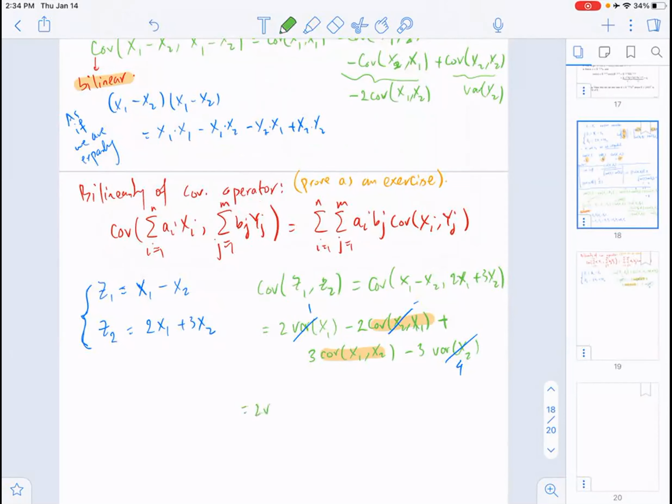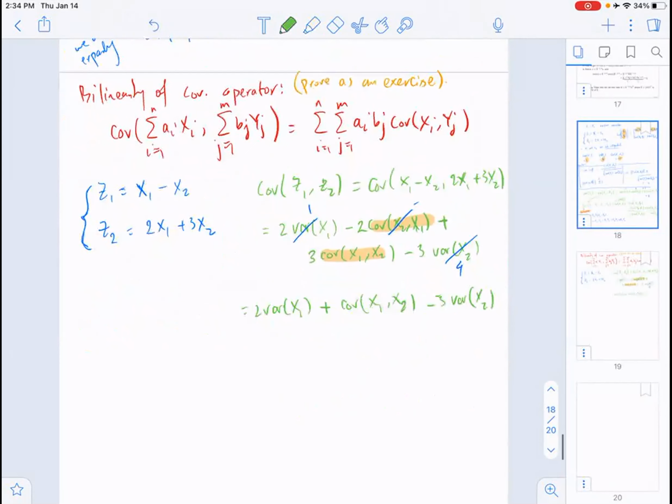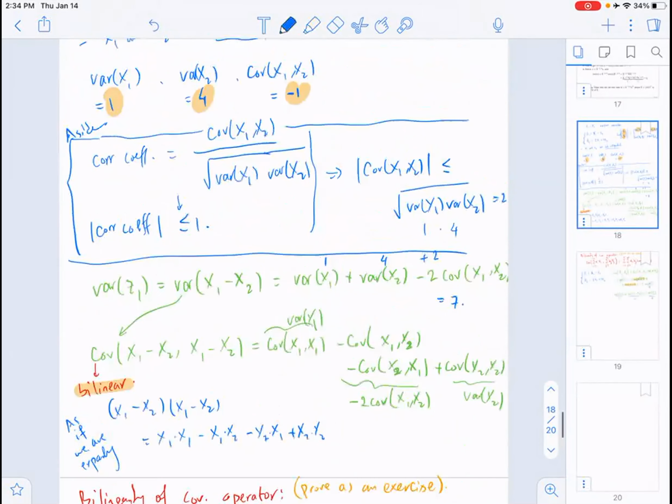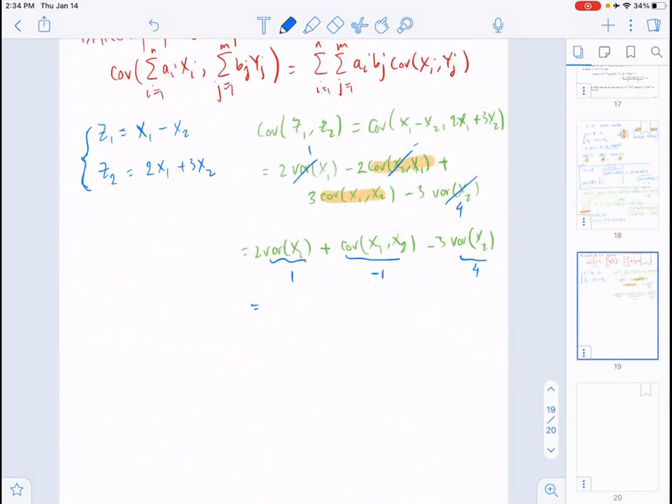So you get 2 times the variance of x1 plus covariance of x1, x2 minus 3 variance of x2. And so this is 4, this is -1, and this is 1, right, by assumption. So what do we get? We get 4, right?